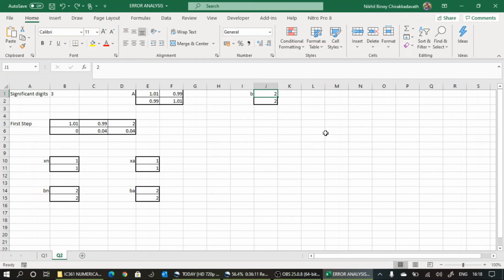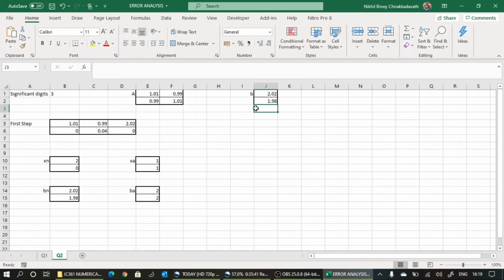Now if I take 2.02 and 1.98, here we have 2 0. What is happening if you round this to 2? If you round these two to 2 2, the solution will be 1 1 instead of 2 0.